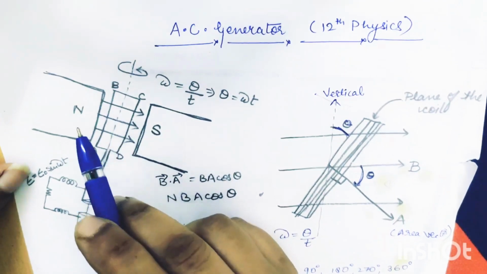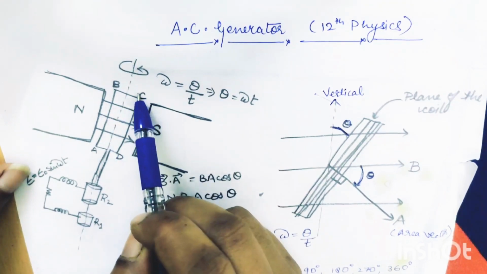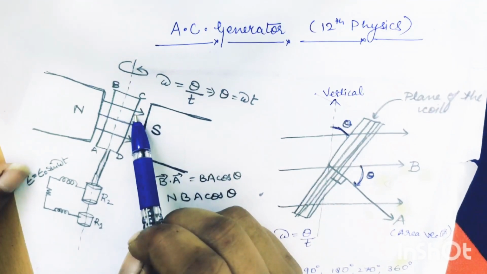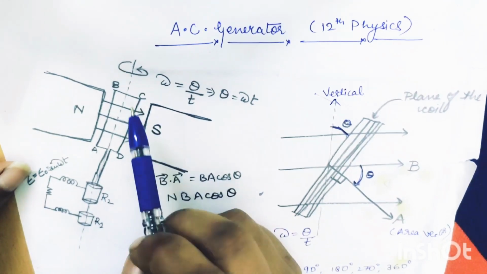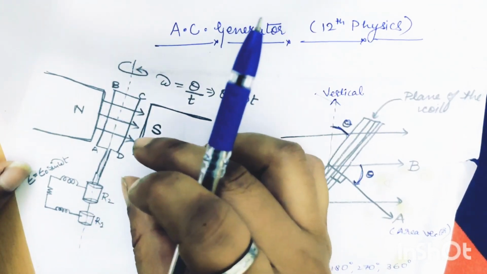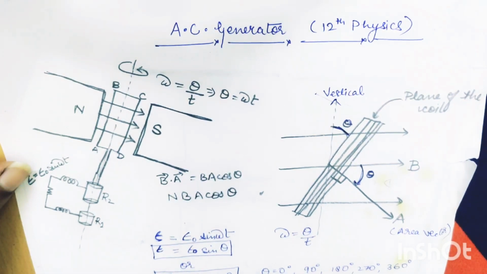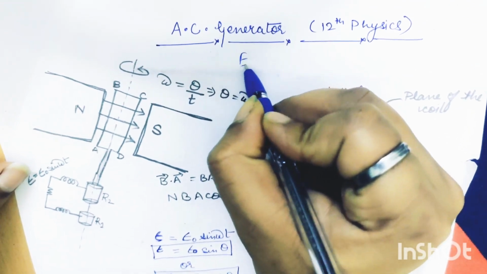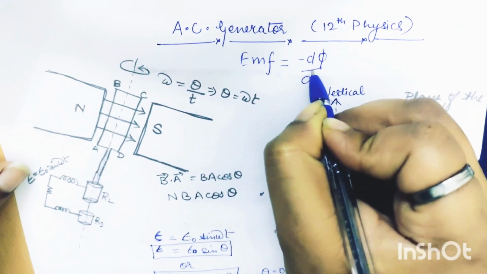Due to the movement of this coil, the magnetic field associated with the coil will produce electromagnetic induction. Fine, you must have studied in your lower classes what electromagnetic induction is. Due to that electromagnetic induction and by Faraday's laws, there will be a generation of electromotive force, known as EMF, and it is equal to minus d phi by dt.